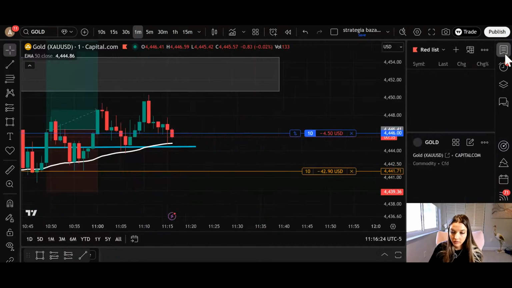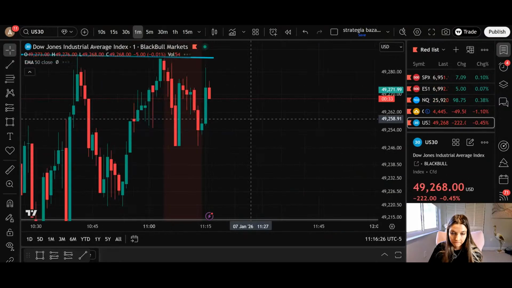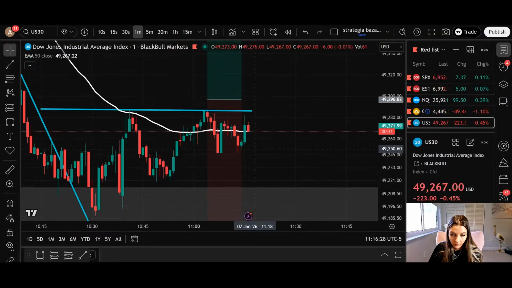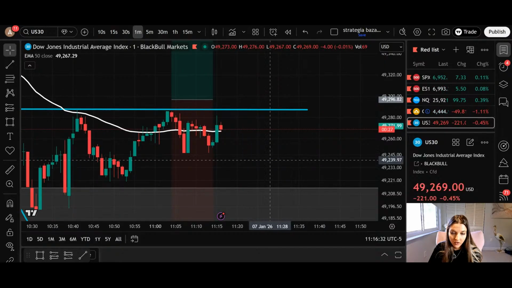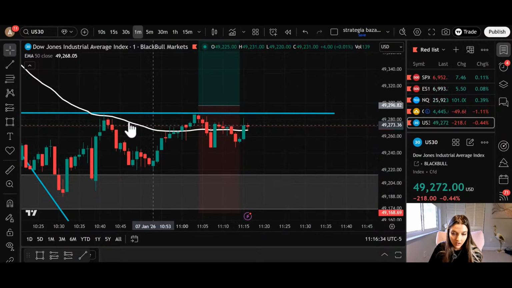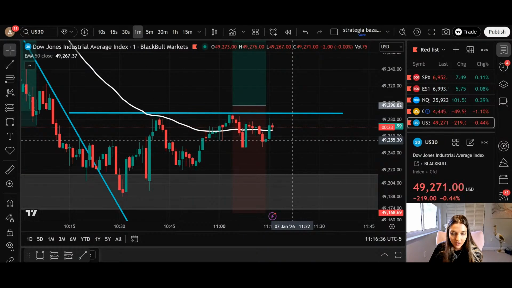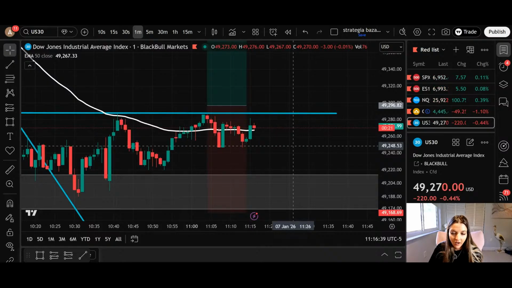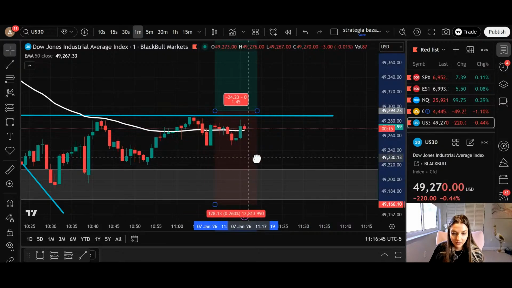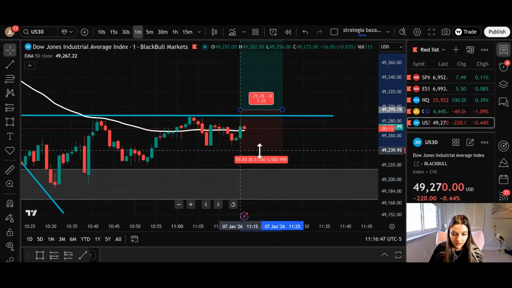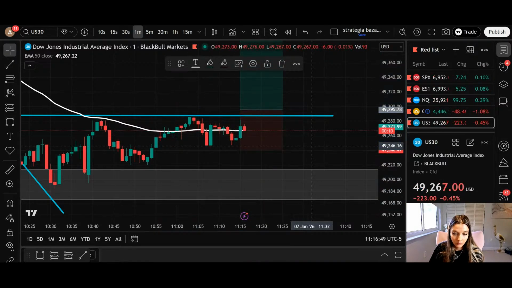Let's go a little bit to it. Yeah, it doesn't want to break the blue line. At this point, it danced so much around that I need to break the blue line and retest it. That's how much dancing around. And I'll put the stop loss below the consolidation.